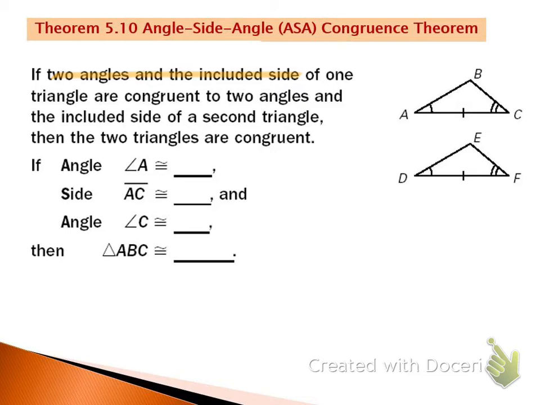So we got angle A is congruent to angle D. AC is congruent to DF. And then angle C is congruent to angle F. So this is angle side angle. Triangle ABC would then be congruent to triangle DEF. Good.